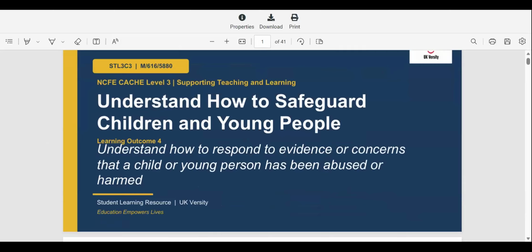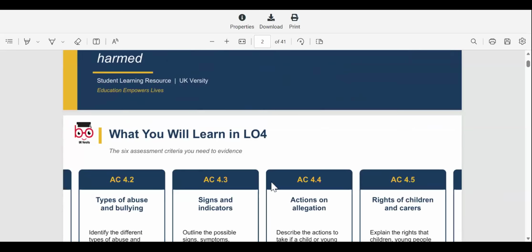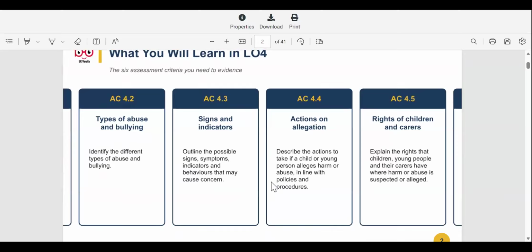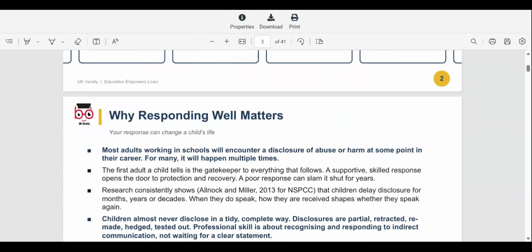So learning outcome 4 is to understand how to respond to evidence or concerns that a child or young person has been abused or harmed. And you've got AC 4.2, 4.3, 4.4, 4.5 that we're going to go through.